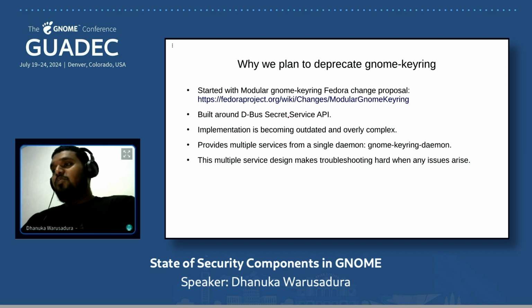Initially, even though gnome-keyring is built around the dbus secret service API, the implementation is now becoming really outdated and over complex for a dbus specification implementation. It also provides multiple services from a single daemon, as I have described before. So this multiple service design makes troubleshooting hard if any issues arise. It's also become harder when introducing fixes for these issues.